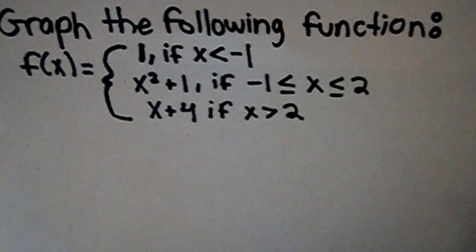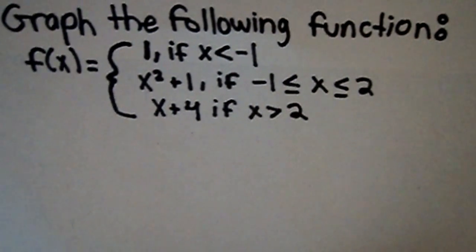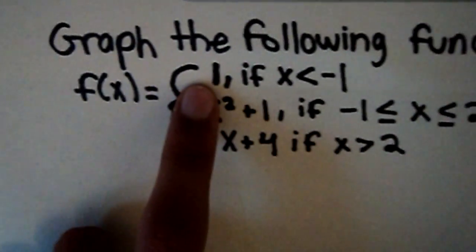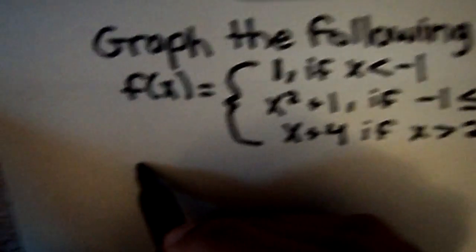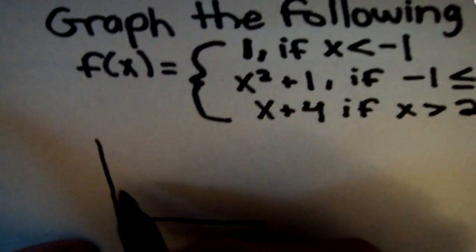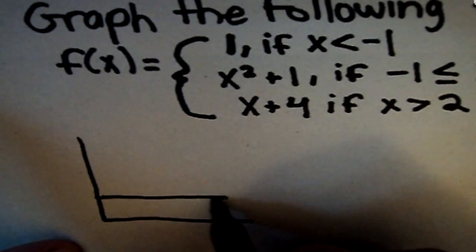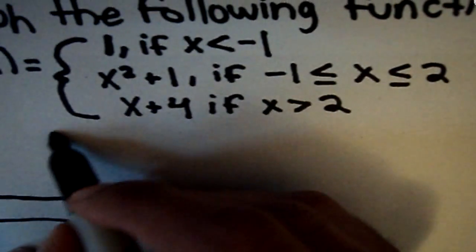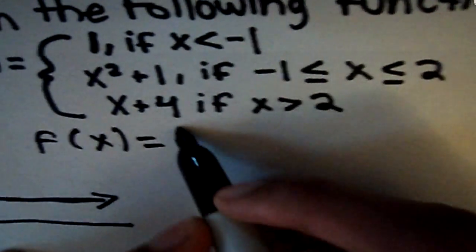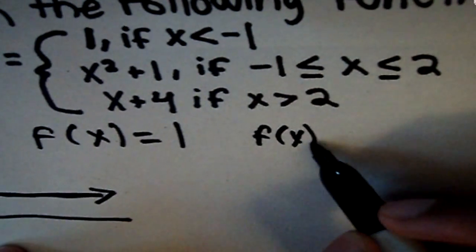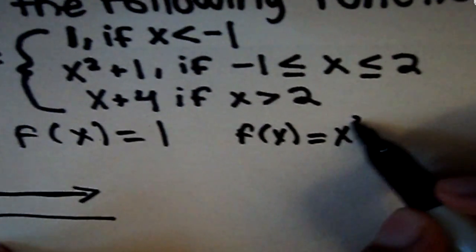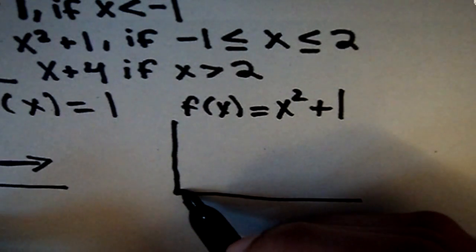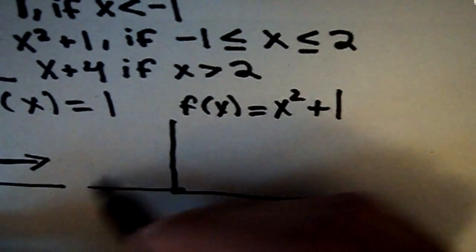Okay, so to do this successfully, we must know what the parent functions look like. In this case, for 1 where x is less than -1, we know that it will look something like this. And for the next section, when f of x is equal to x squared plus 1, we know that it's a parabola, so it will look something like this.